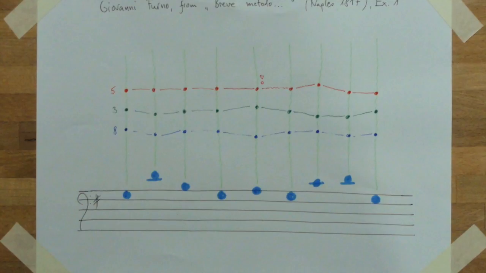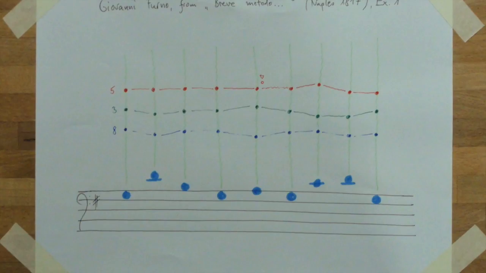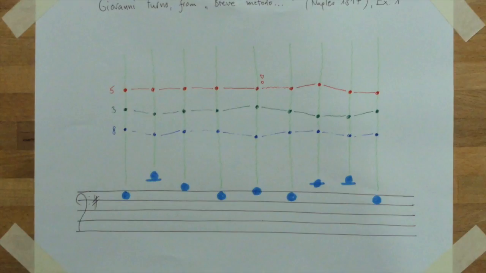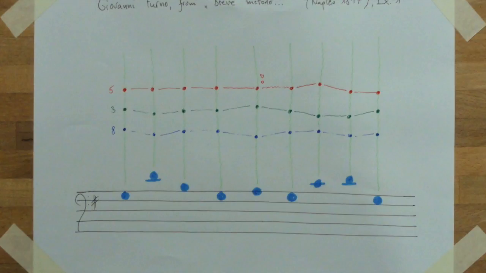This also works if you put every voice a level higher, which means you start that way, and so on, and now you do this octave, you put it an octave lower.